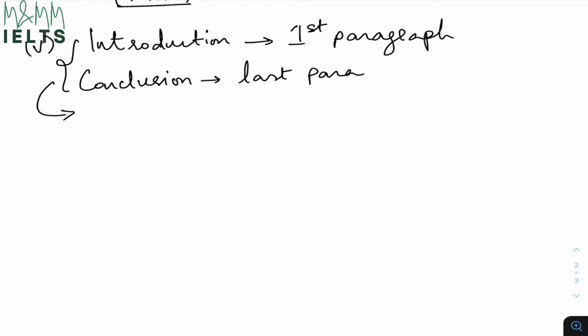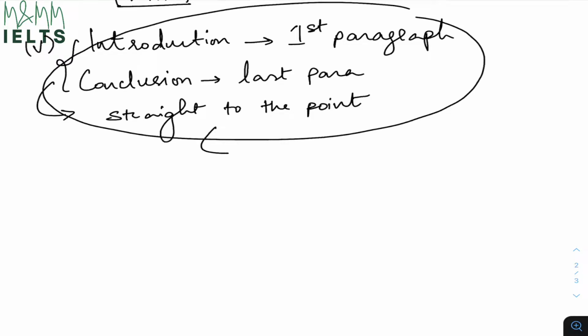The conclusion and introduction should always be short and straight to the point. It should not be an elaboration. It should just look like you're introducing something, and the conclusion should look like you are just concluding the topic. That's it. But this adds a lot of value to your essay and it gives you a great score. So this is again very important.